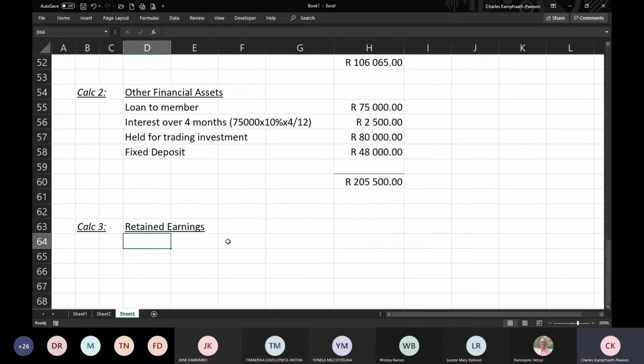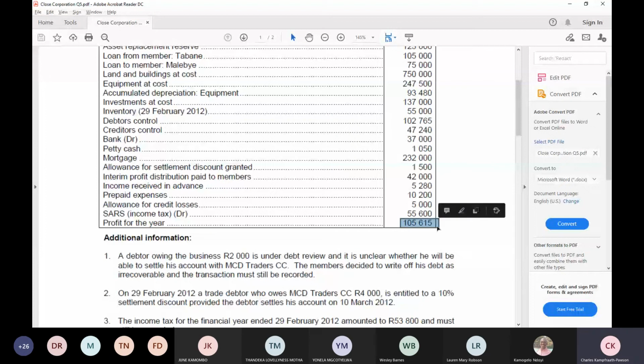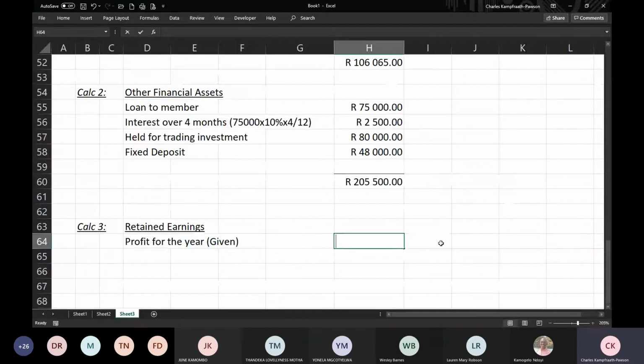Okay, let's start with the profit for the year. Given value, the 105,615. And now we need to take into account everything that affects my profit.